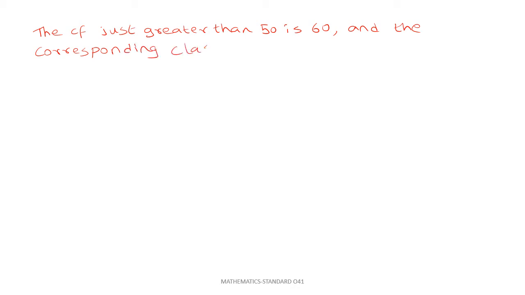This part is the main part, children. You need to find the median class to find the median. After finding the n value, the cumulative frequency just greater than 50 is 60 here in the given table, and the corresponding class is 20 to 30.